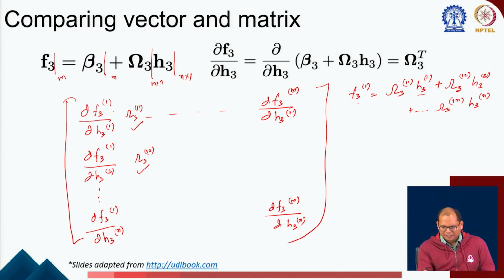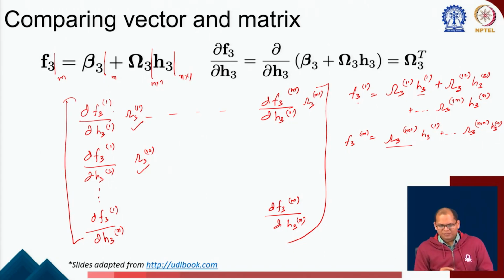If you look at F3 m, F3 m will be omega 3 m 1 H3 1 plus and so on up to omega 3 m n H3 n. So if I do the partial derivative of F3 m with respect to H3 1, I will get omega 3 m 1. So here I will get omega 3 m 1, right.